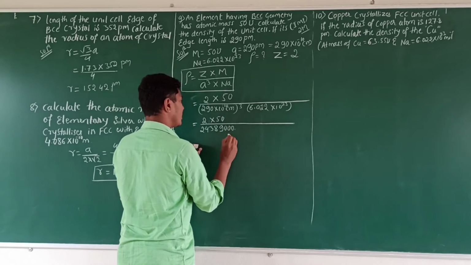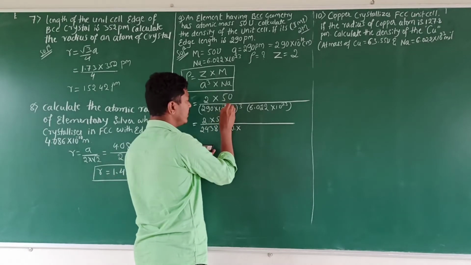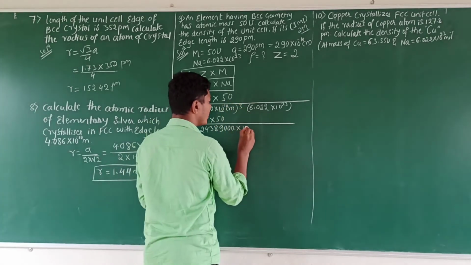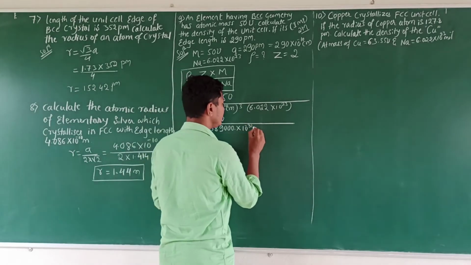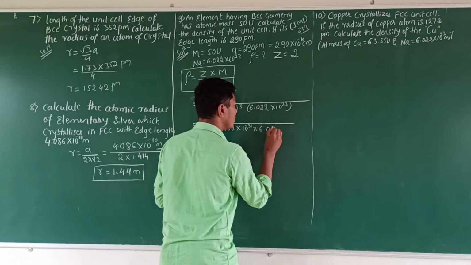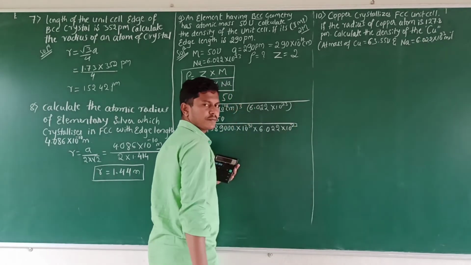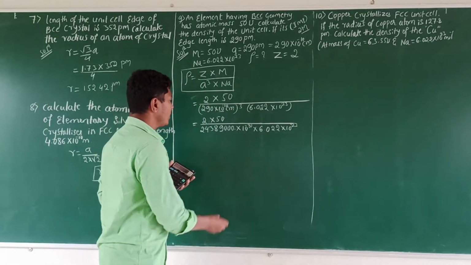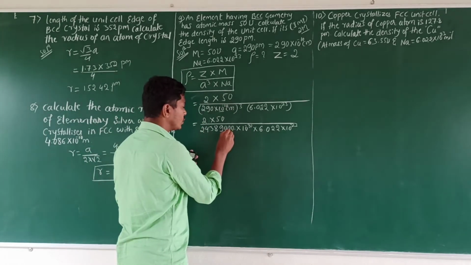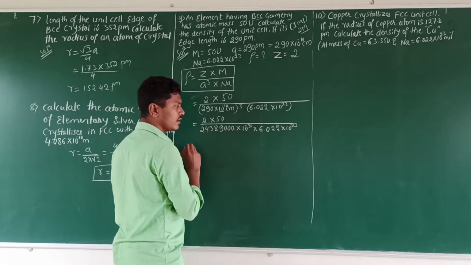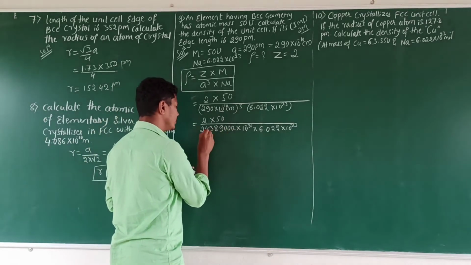Then 10 to the power minus 10 into 3 means 10 to the power minus 30, isn't it? Then the value is 6.022 into 10 to the power 23. Got this? Okay, have to move this decimal to the left side. 1 2 3 4 5 6 7 decimals towards the left.